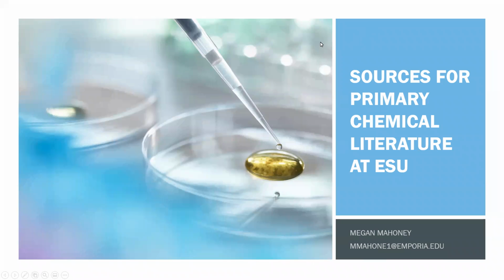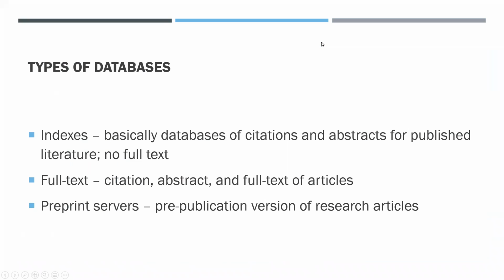Before we actually go into any of the databases, I want to tell you a little bit about the types of databases that we're going to see. Broadly speaking, databases fall into three categories: indexes, full-text databases, and preprint servers. Indexes are basically databases of citations and abstracts for published literature.